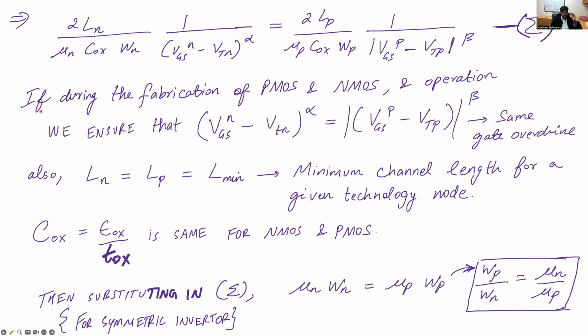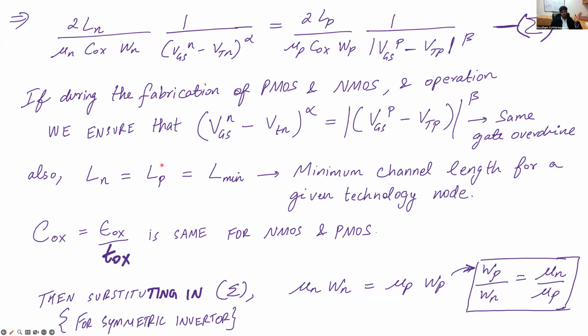And we can make some rules. During the fabrication of the PMOS and NMOS and during the operation, we ensure that the gate overdrive of the NMOS is the same as the gate overdrive of the PMOS, as well as the channel length of the NMOS being equal to the channel length of the PMOS, which is set at the minimum channel length for a given technology node. For example, say the technology node is a 22 nanometer technology, then the minimum channel length will be around 22 nanometers.